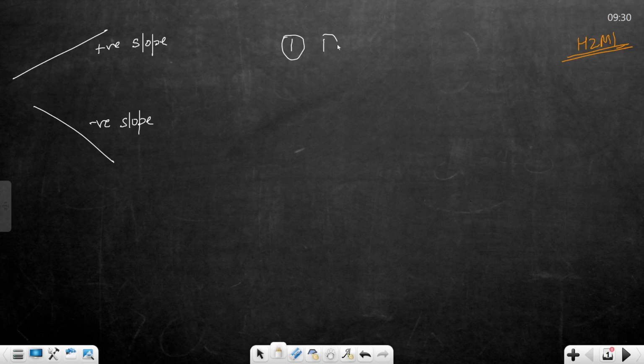First, distance and displacement. Second, speed and velocity. Both types of speed and velocity covered, average and instantaneous.